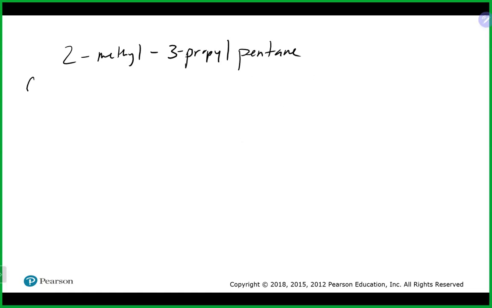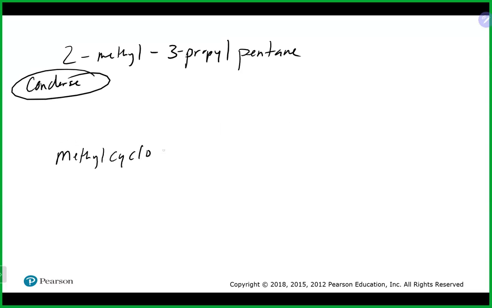Just draw the condensed structure here. While you're at it, why don't you also draw methyl cyclobutane.